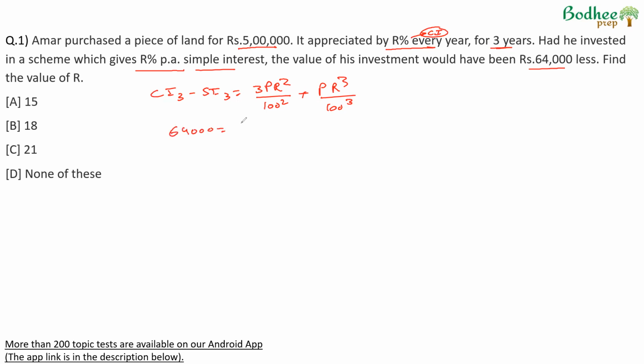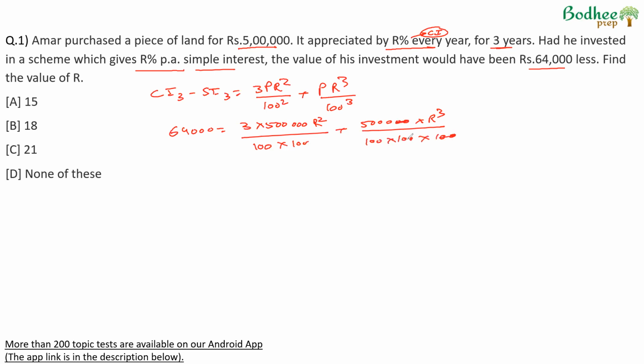So 64,000 is equal to 3 into 5 lakh, P R square upon 100 square, sorry, R square plus 5 lakh into R cube upon 100 cube. What I'm also doing simultaneously is expanding 100 square and 100 cube to accommodate for the zeros. So 100 square is 100 into 100. 100 cube is 100 into 100 into 100.